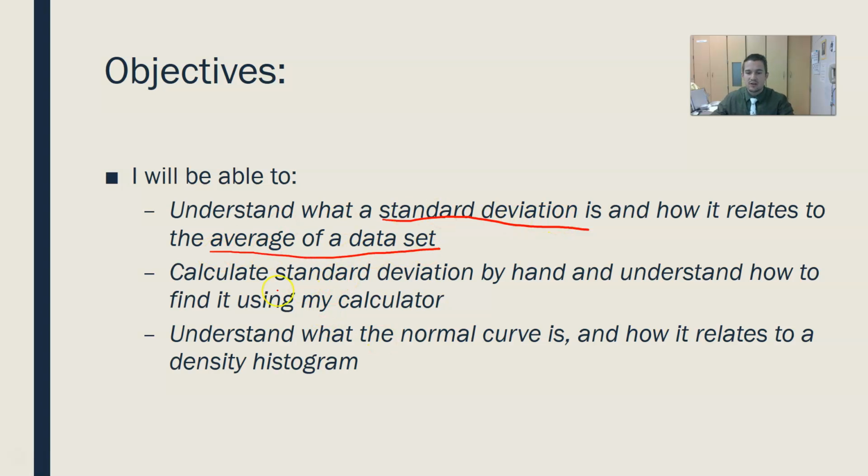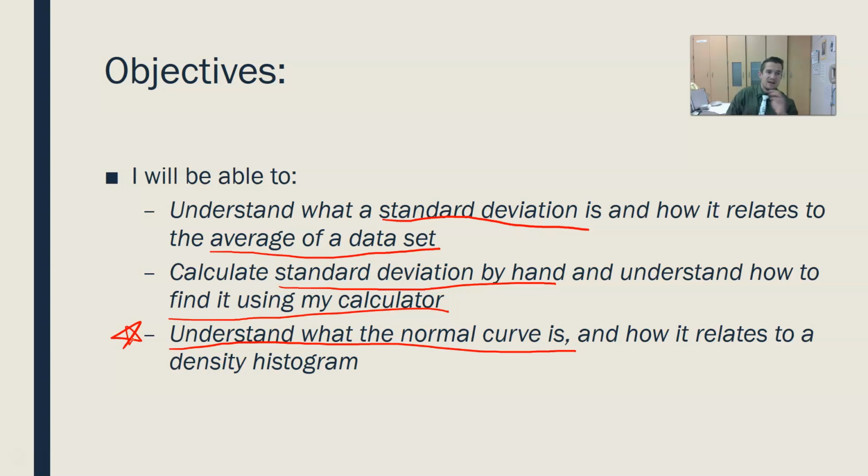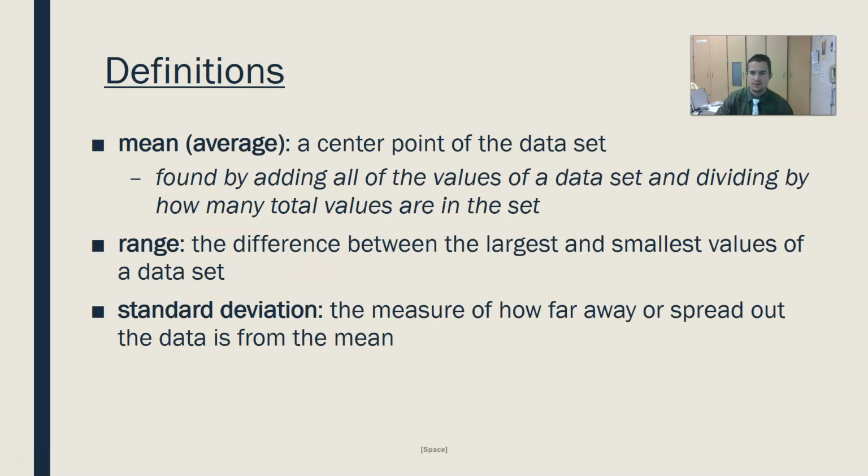I want you to be able to calculate the standard deviation by hand and also understand how to find it using a calculator. We'll discuss that. And we're going to talk a little bit about the normal curve and how it relates to a density histogram, but we'll talk more about that in our next video. So those are the things that I want you to be able to understand by the end of this video.